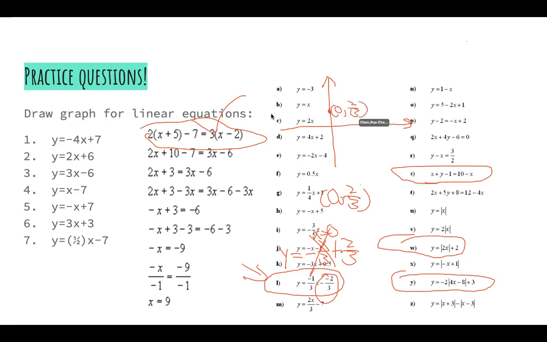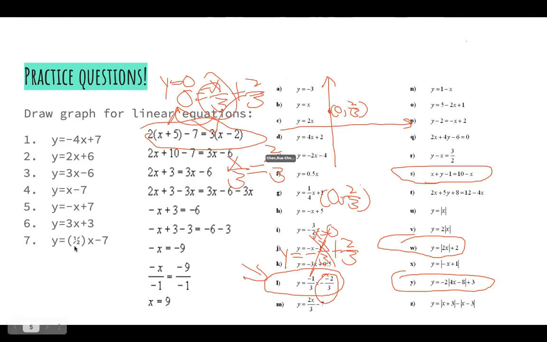And then in a normal sense, I would set y equals 0. That is to find the intercept on the x-axis. So 0 equals negative x over 3 plus 2/3. And we move this to this side. So x over 3 equals 2/3, and we multiply both sides by 3, it becomes x equals 2.